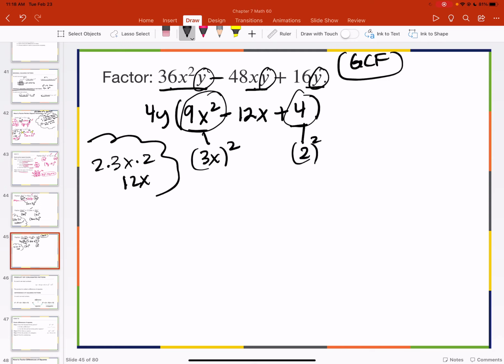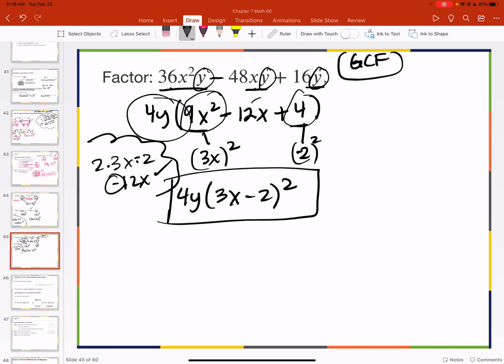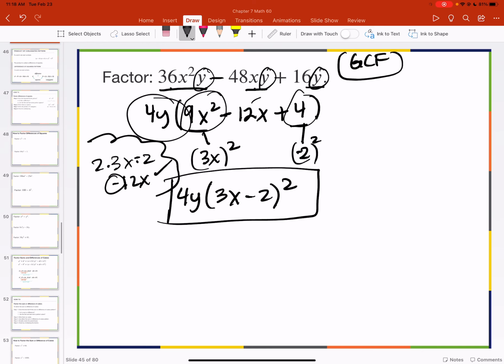But then it's minus, so that's fine. So this should be a negative 2 here. Okay, so then it checks. You have to watch the signs. If this is minus 2, then that will change this to be negative. So this is finally 3x minus 2 squared. And then the 4y, don't forget your 4y. And that's fully factored.